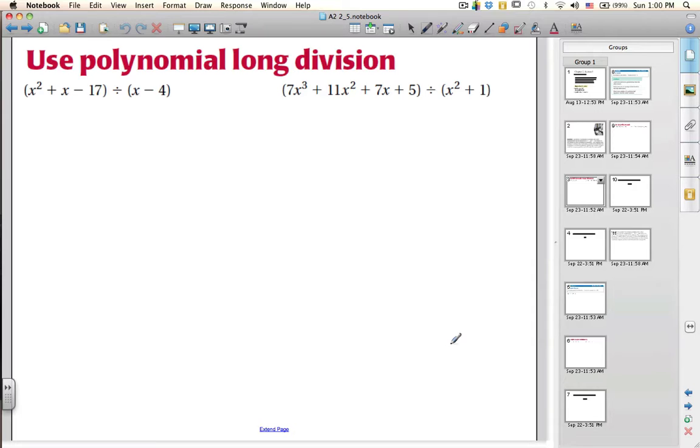When we work with long division, which is what we're going to start with, it really looks a lot like the long division that you learned in grammar school. So you have x squared plus x minus 17 divided by x minus 4.